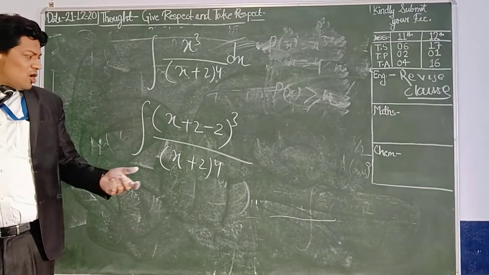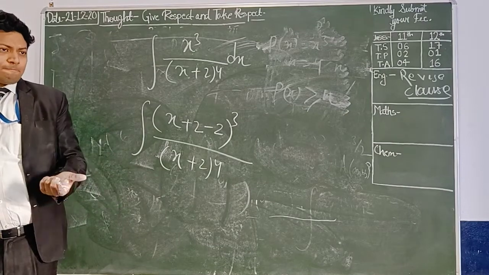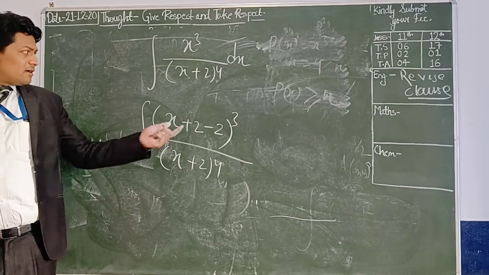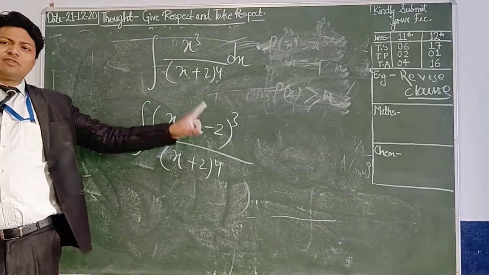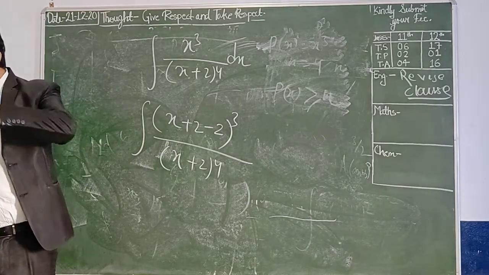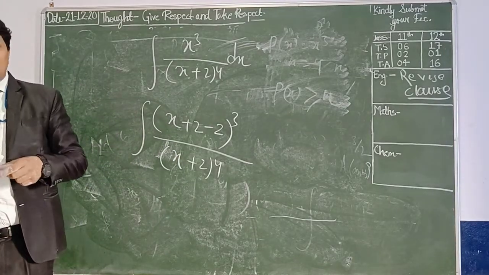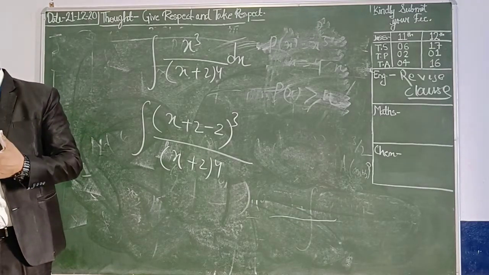So if you are arranging plus 2 and minus 2, this will cancel out with this one, and this will cancel out with this one. Is it clear? So what will you get?